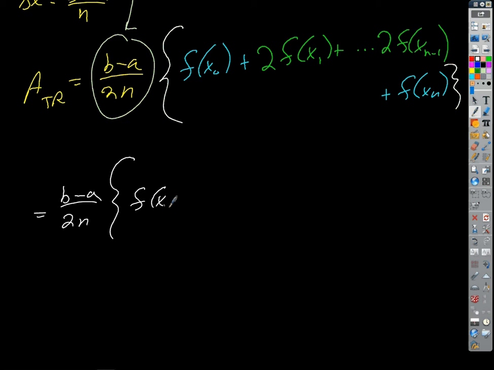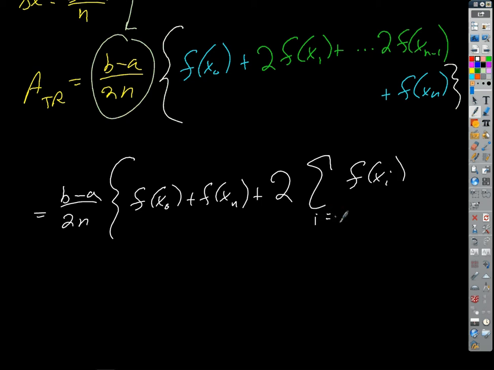So we get f of a, x of 0, plus f of x of n, plus 2 times the interior sum, the sum of f of x of i, as i goes from 1 to n minus 1, right? To me, that's a simpler way to write the trapezoidal rule.